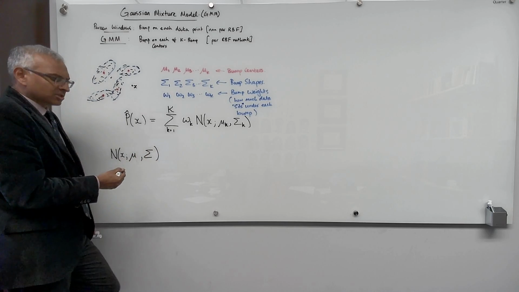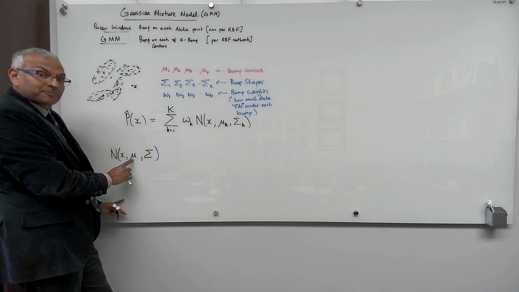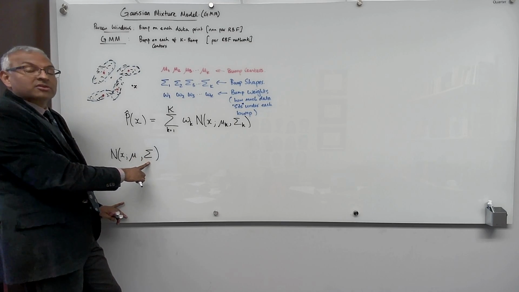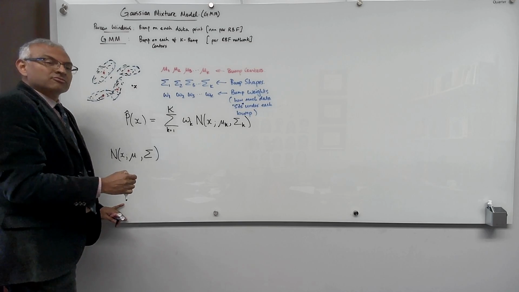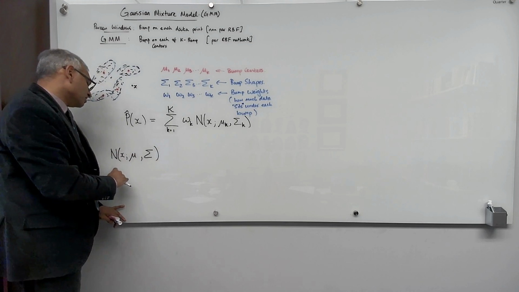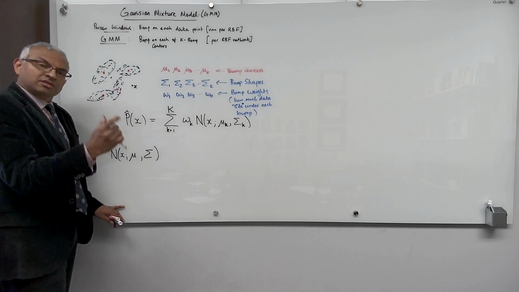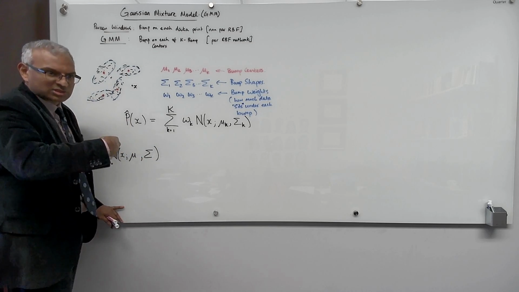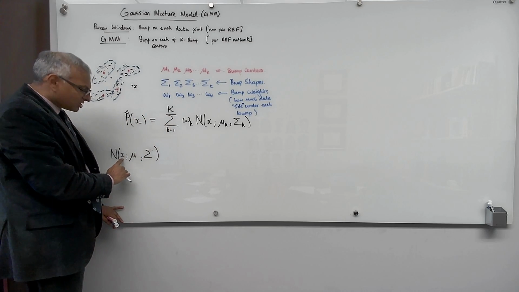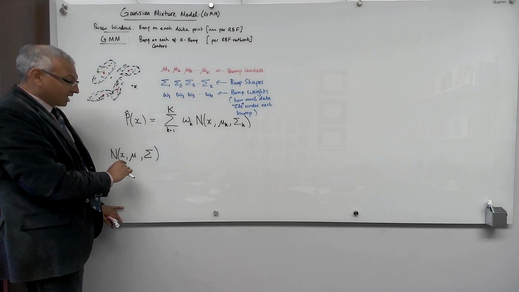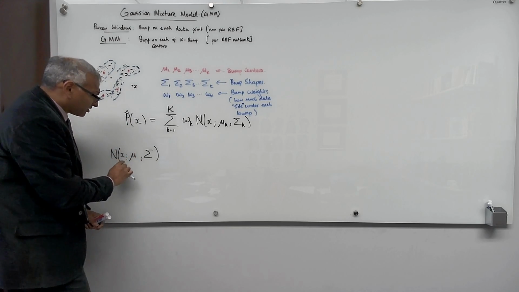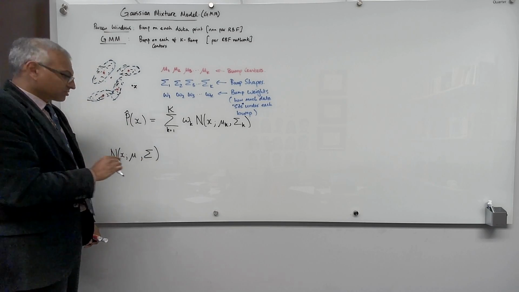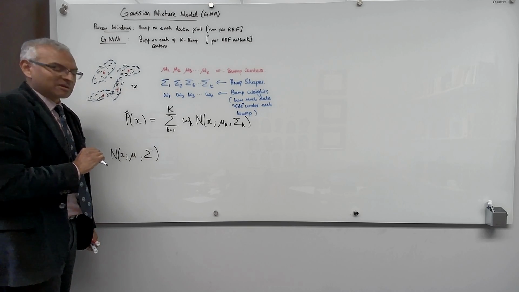So now when we're talking about the Gaussian, this is typically called the mean, and this is typically called the covariance matrix, and indeed for a very good reason, because if you generated data from this Gaussian, the expected data point, the average value, which is a vector valued average, will indeed be the mean, and the covariance matrix of the data will indeed be this parameter sigma, the covariance matrix.